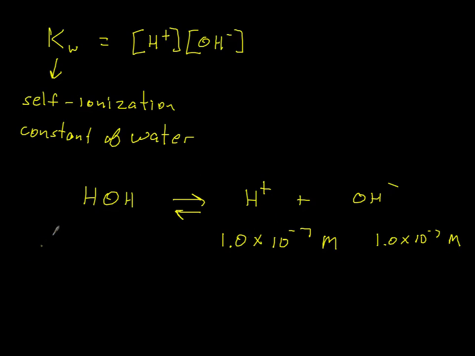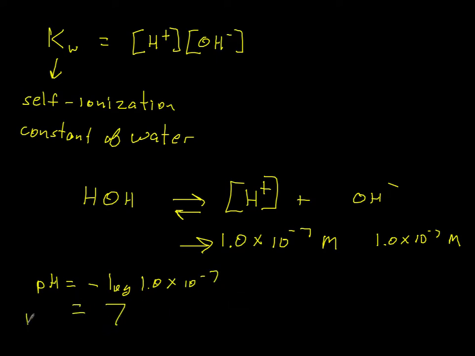Now, if you take the concentration of hydrogen ions as 1.0 times 10 to the negative 7th, and you plug that into the pH equation, pH equals negative log of 1.0 times 10 to the negative 7th, you get 7, okay? That's where neutral comes from.